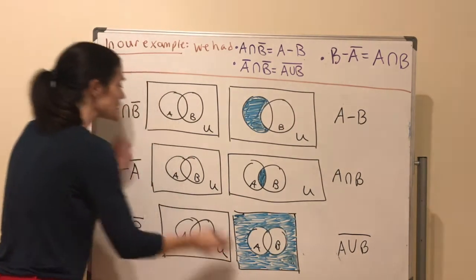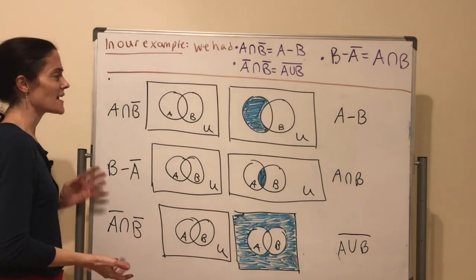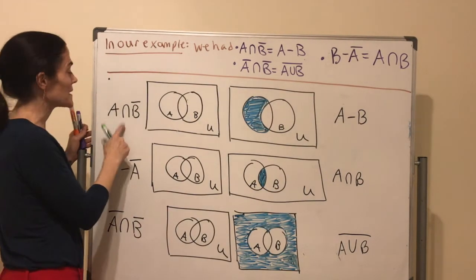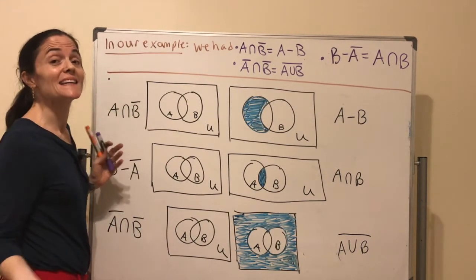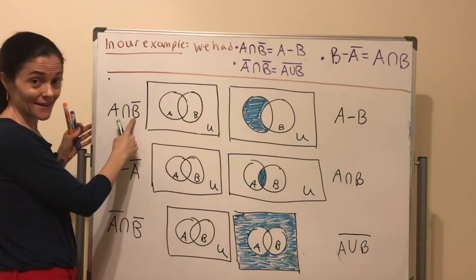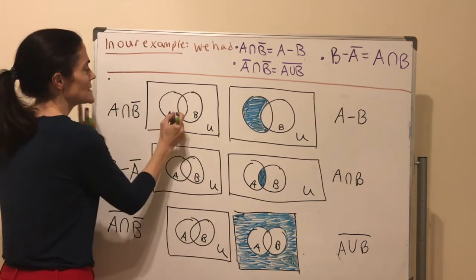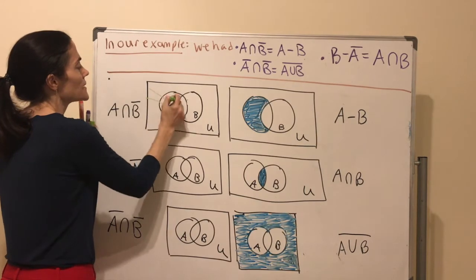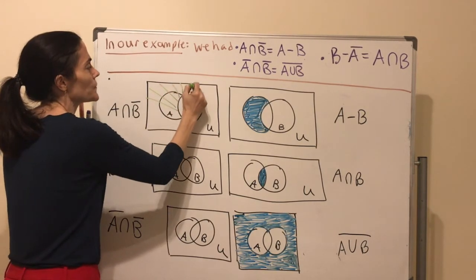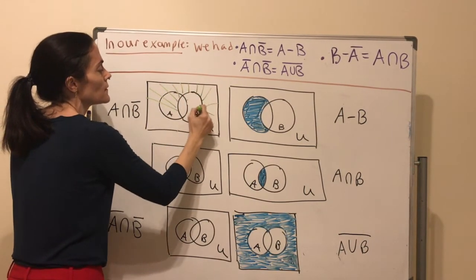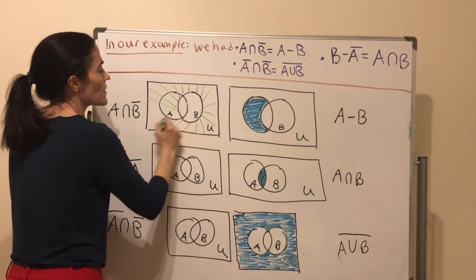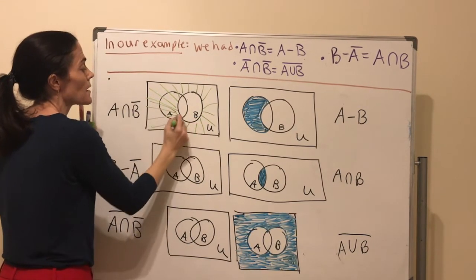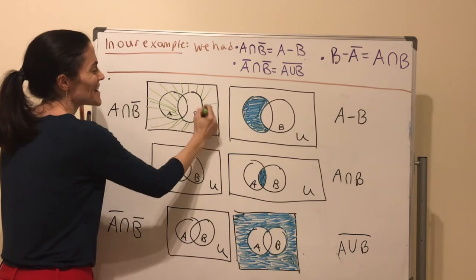Okay, now let's work with these left-hand sides. Let's start with this one. I will do an intermediate step where I shade in B complement. So this is everything that is not in B, but I will just put these sort of green lines coming out to illustrate where B complement is. This is an intermediate step.